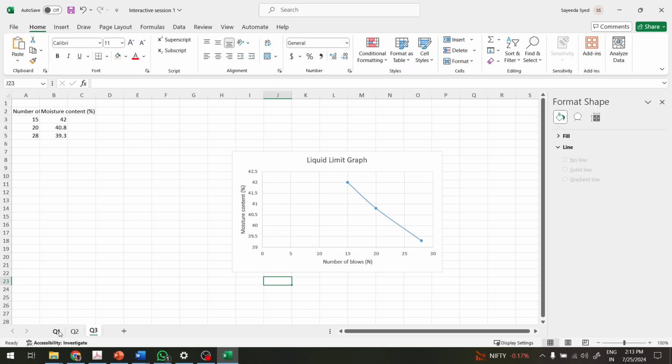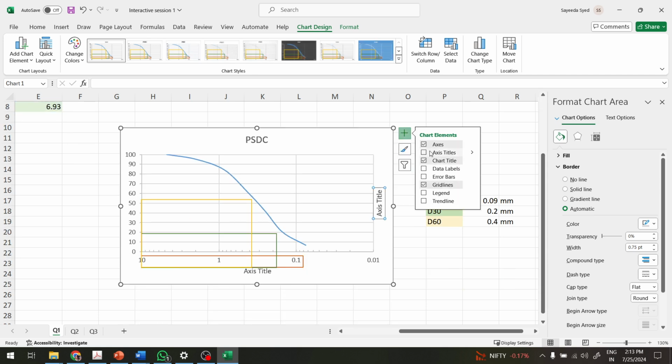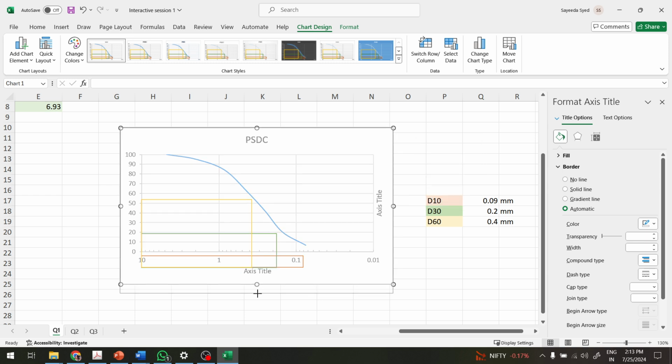And let me just quickly add axis titles to all the graphs.